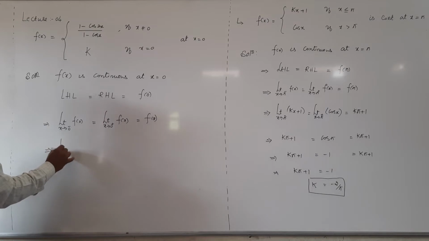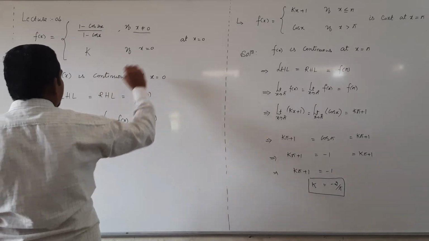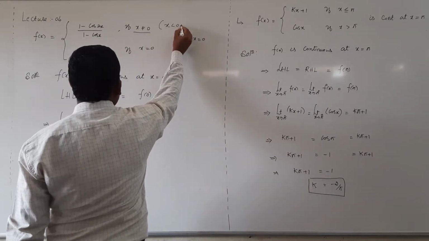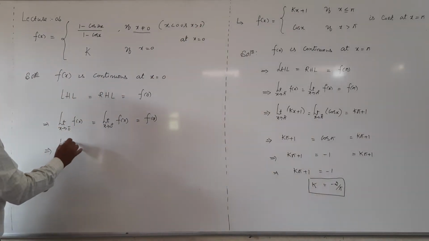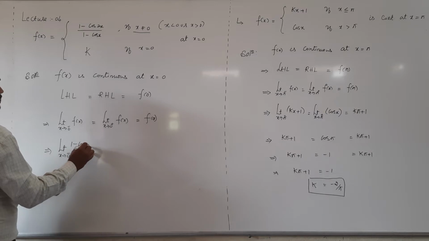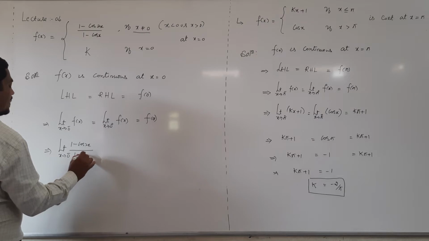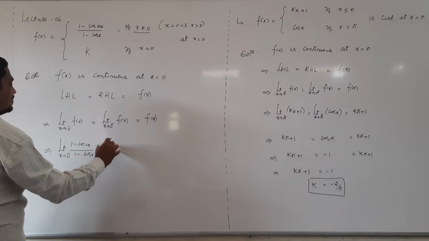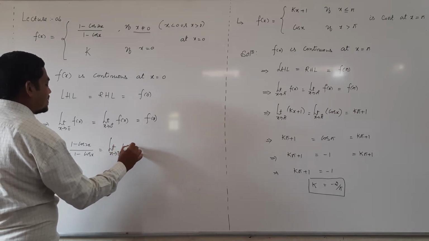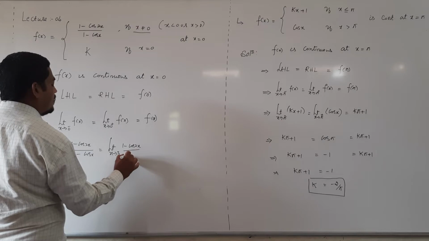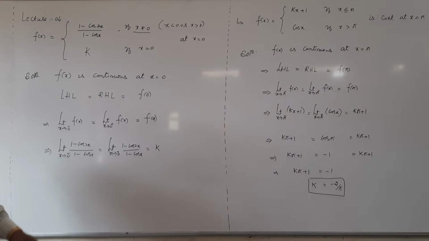Not equal to 0 they have given. Not equal to 0 means x value may be less than 0 or more than 0, right? Means for both LHL and RHL the same function only, limit extending to 0 minus of 1 minus cos 2x divided by 1 minus cos x is equal to limit extending to 0 plus of 1 minus cos 2x divided by 1 minus cos x is equal to f of 0 value already given.